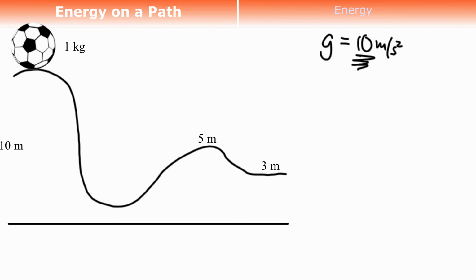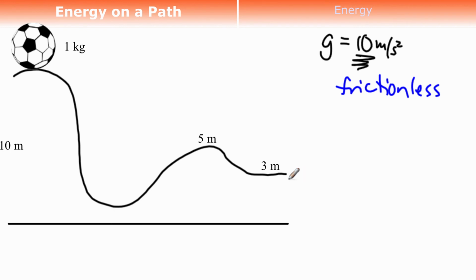Okay, if I have a ball, and if it's on a frictionless surface, that would be an important word to use here, and you roll this ball down in this kind of a pattern.